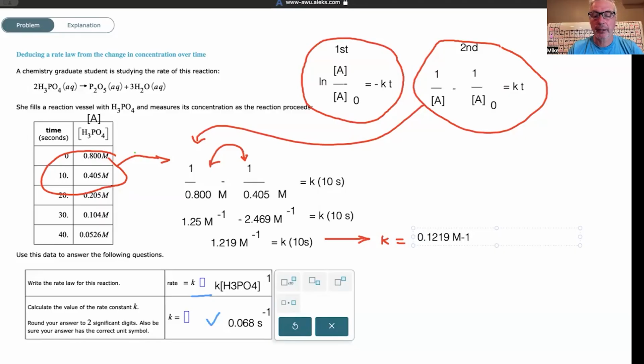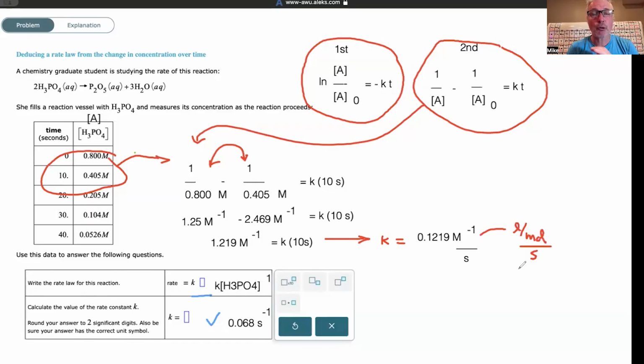Now, let's think about what the units are. Inverse molarity divided by seconds. They might want more than that. It ain't the answer anyhow. Inverse molarity is moles per liter upside down, liters per mole, per second.